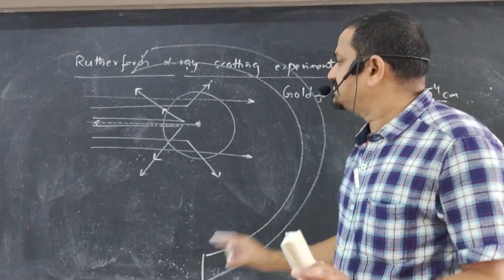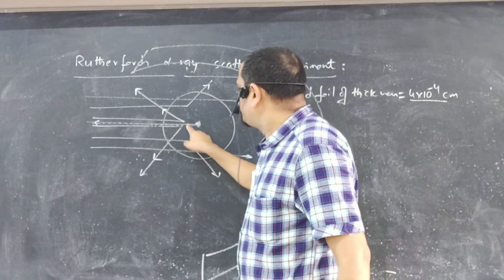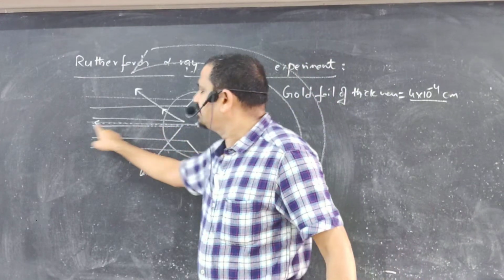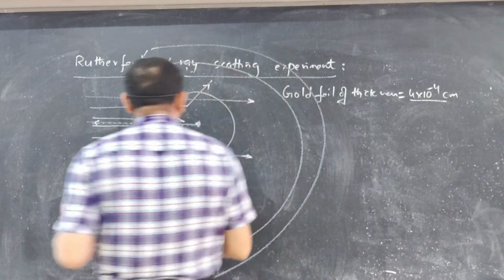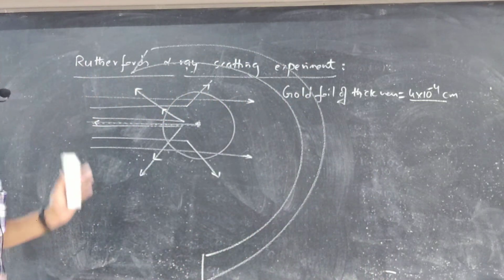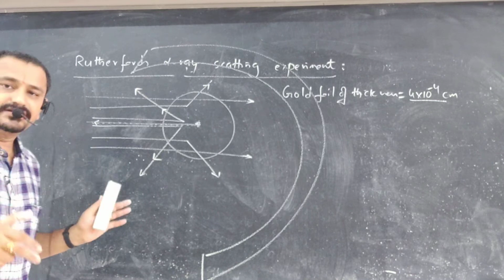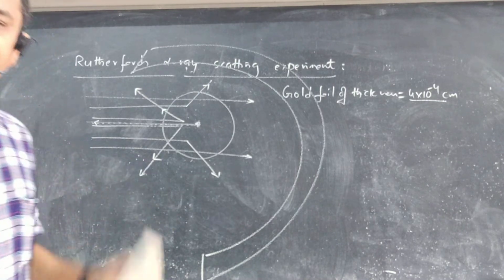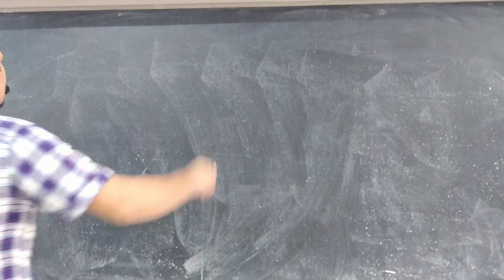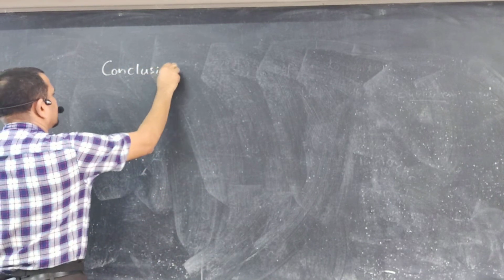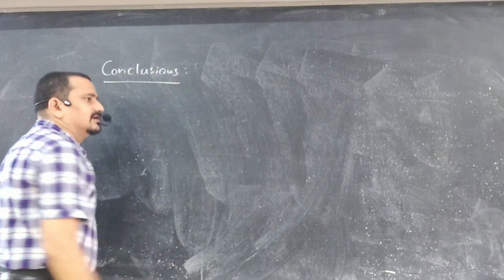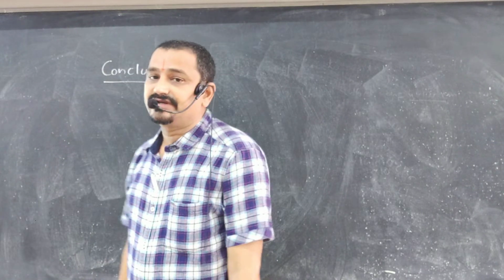He was surprised that very few particles are deflected at exactly 180 degrees. So these are the observations given by Rutherford in his alpha ray scattering experiment, based on which he gave some conclusions. So now, what are the conclusions given by Rutherford?